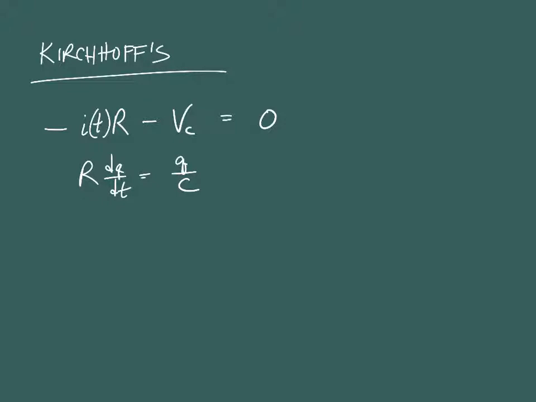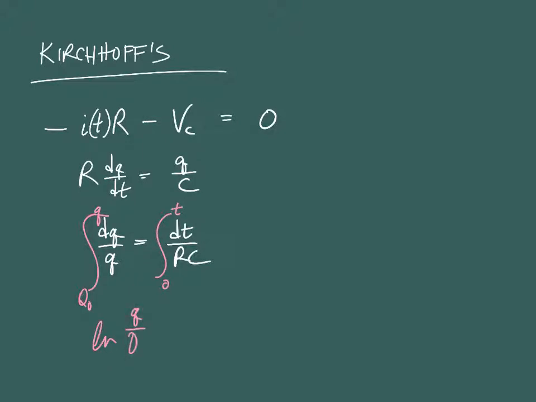And that means dq per Q will equal dt per RC, when you go to integrate from initial charge to final charge, 0 at a time. You'll get natural log of Q per Q naught equals negative t over RC.